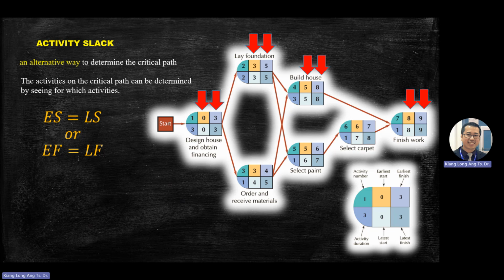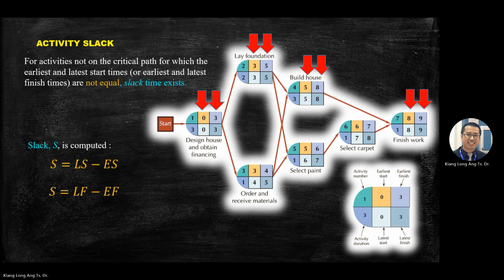Fourth method, this is the fourth method. Slack, this equation. Slack time equals LS minus ES, which means you take this one, LS minus this one equals 0.